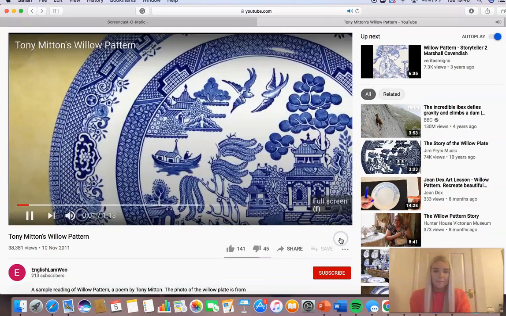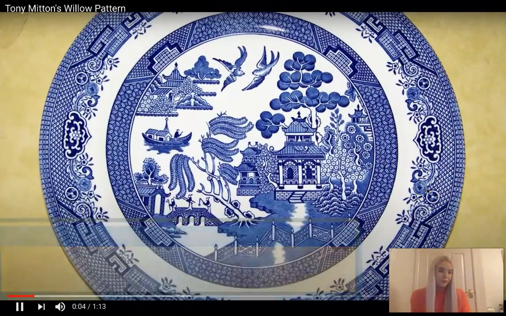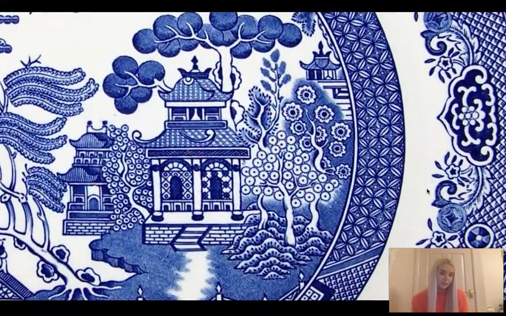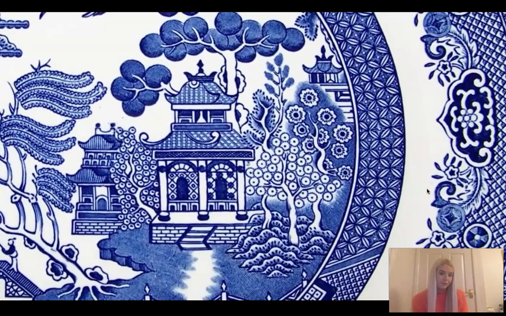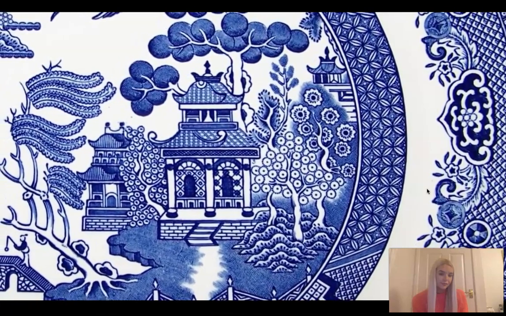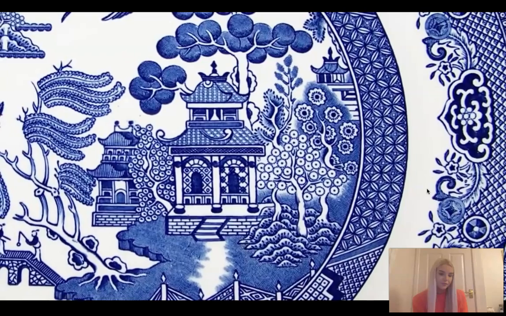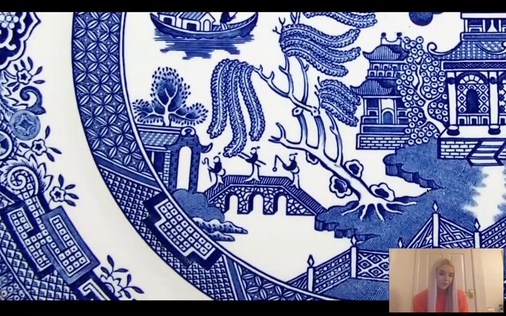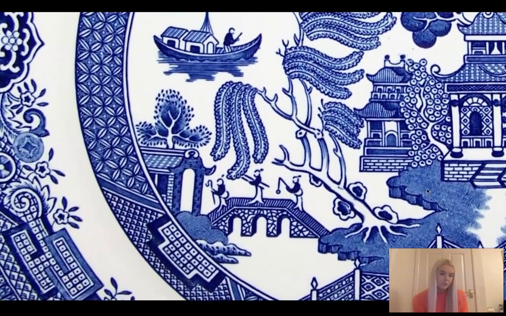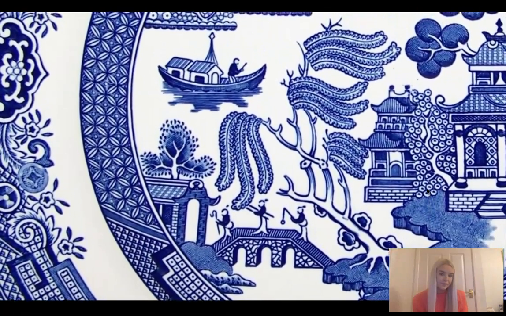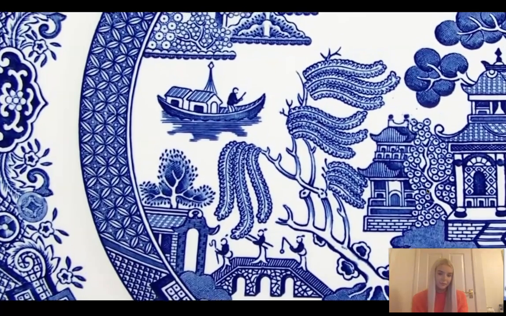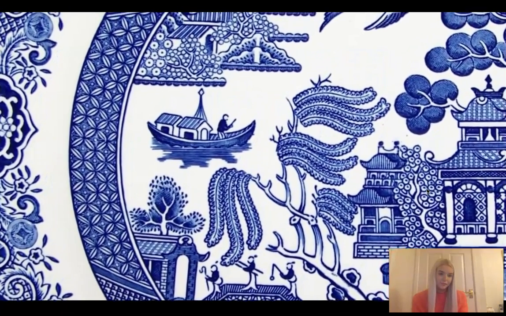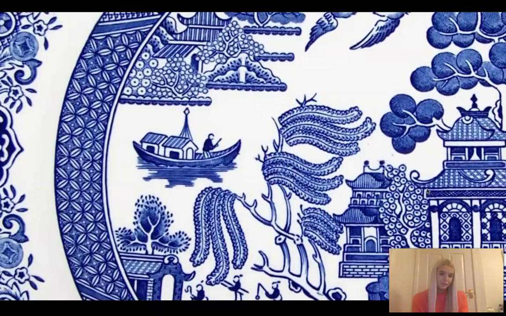Willow Pattern by Tony Mitten. Look, on my plate is a blue garden. It happened in China a long time ago. There, on a bridge, the soldiers are running to capture the princess, the emperor's daughter. She left with a young man she wanted to marry. They fled to an island that lay on a lake. The emperor was angry.